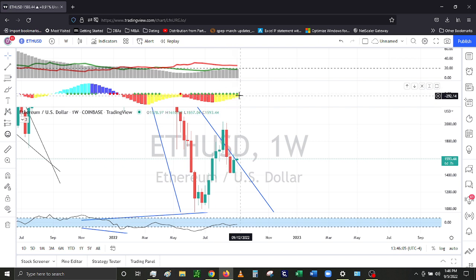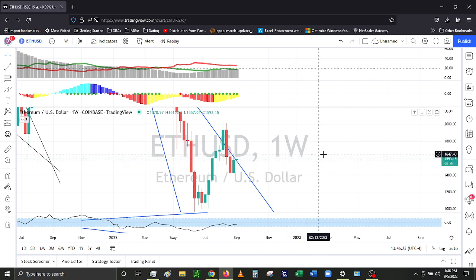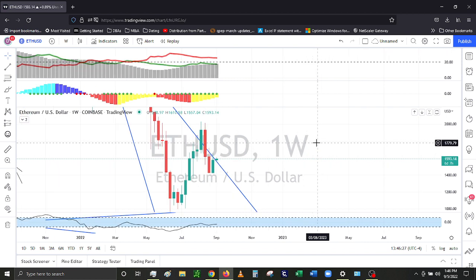It looks like it might try to change sentiment into the teal blue area above the zero line. That'd be a good sign. The CCI is not really great. I mean, it's approaching zero, but it's not really giving us any sort of positive confirmation. So stuck in limbo. It's not the best spot.